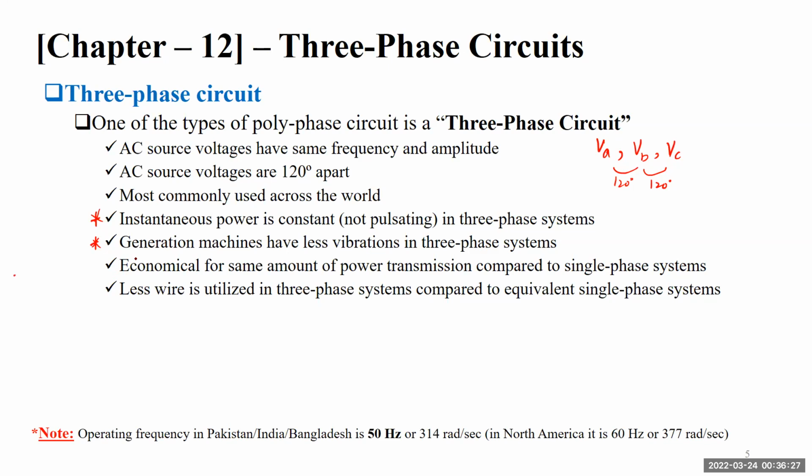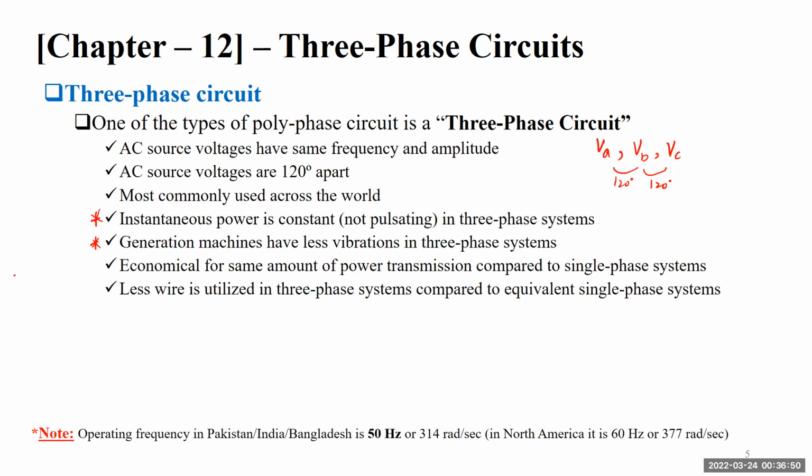The amount of conductor that is required to transfer the same amount of power. Say, for example, if we have to transfer 1 megawatt of power from a generation station to a locality, we need a certain amount of conductors, and generally these conductors are made up of aluminum or copper.